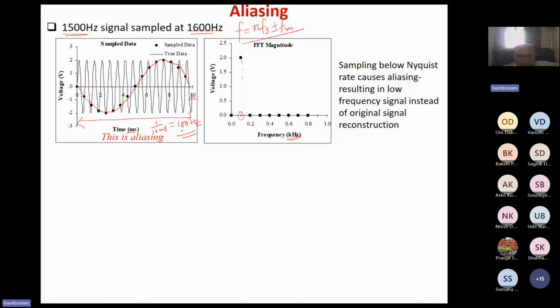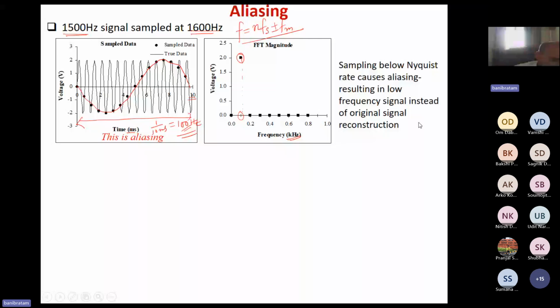For the ideal sinusoidal signal of 100 hertz, all other frequency components should be zero. So sampling below the Nyquist rate causes aliasing, resulting in a low frequency signal instead of the original signal reconstruction. I hope it is fine.